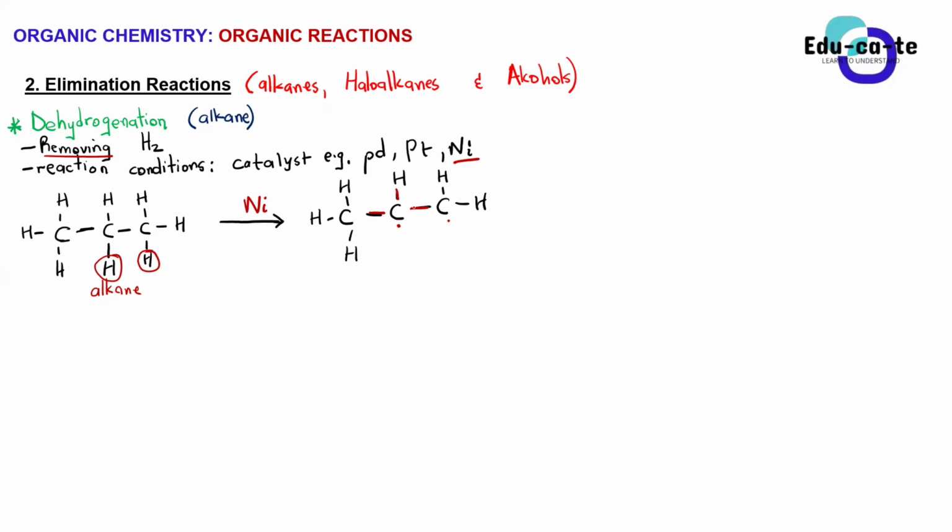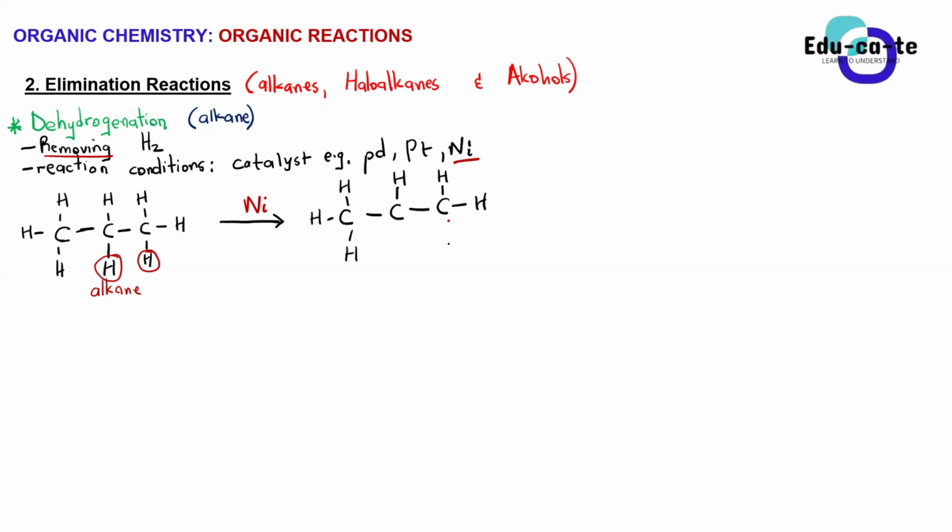Even for the second carbon, we've got 1, 2, 3 bonds, and that is not enough because carbon needs to have 4 bonds in total so that it can be stable, or so that it can have a full octet. So what can we do now, guys? Are we going to just put our hydrogens back again, or what can we do so that these carbons can have at least 4 bonds in total?